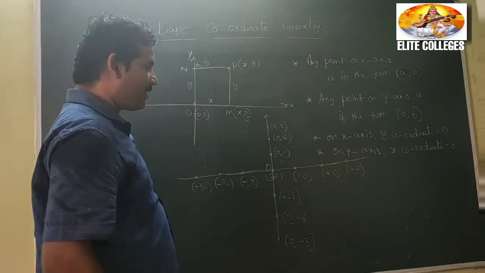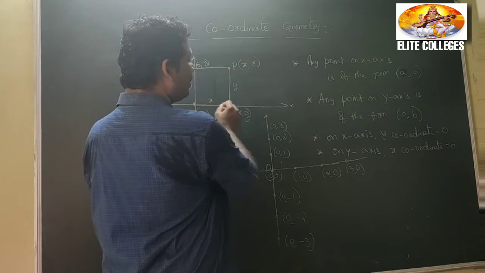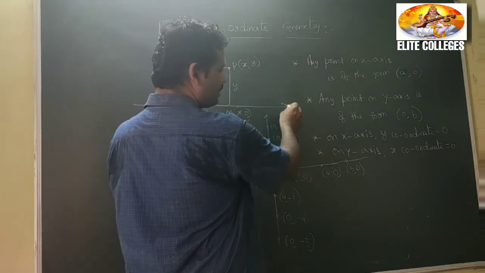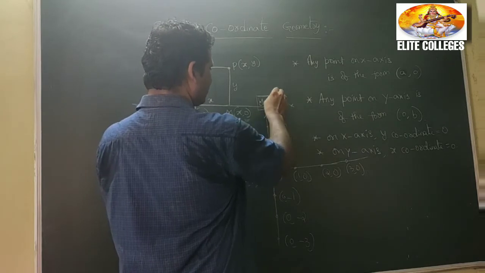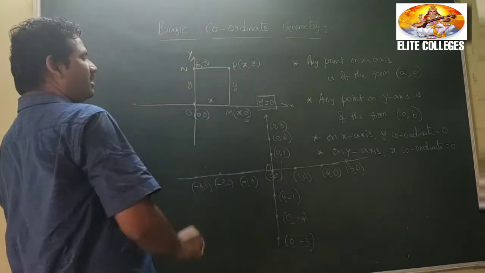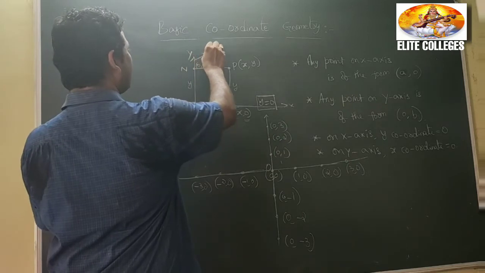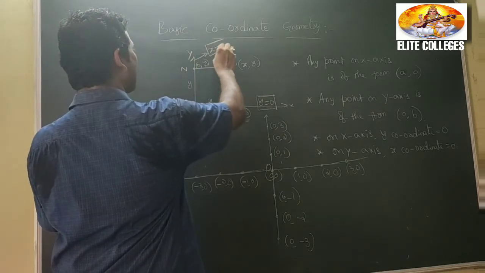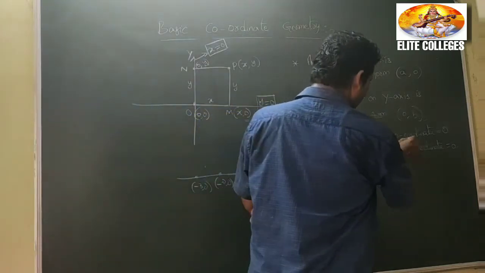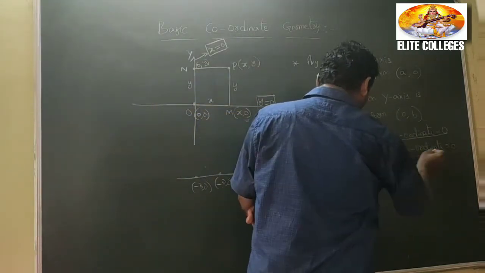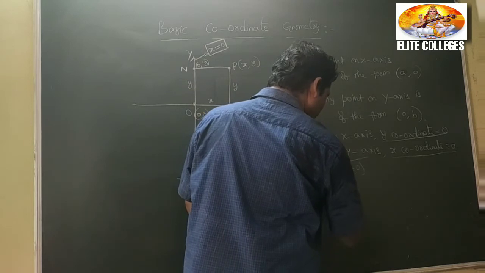That's why we can write the equation of the x-axis. On the x-axis, the y coordinate is 0. That's why the equation of the x-axis is y equal to 0, and the equation of the y-axis is x equal to 0. On the y-axis, the x coordinate is 0. So what does this mean?